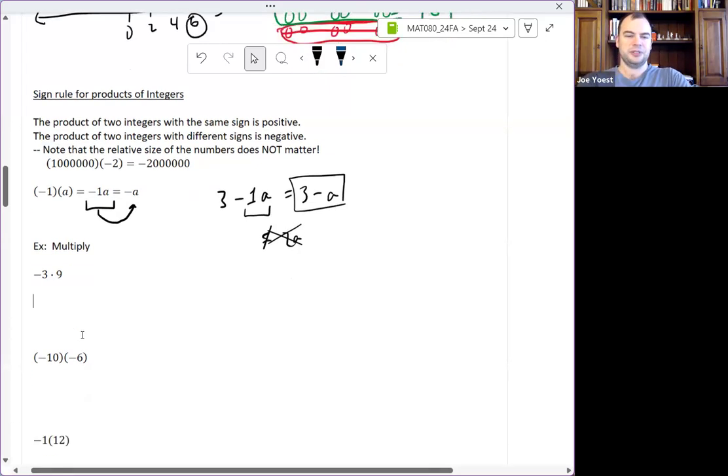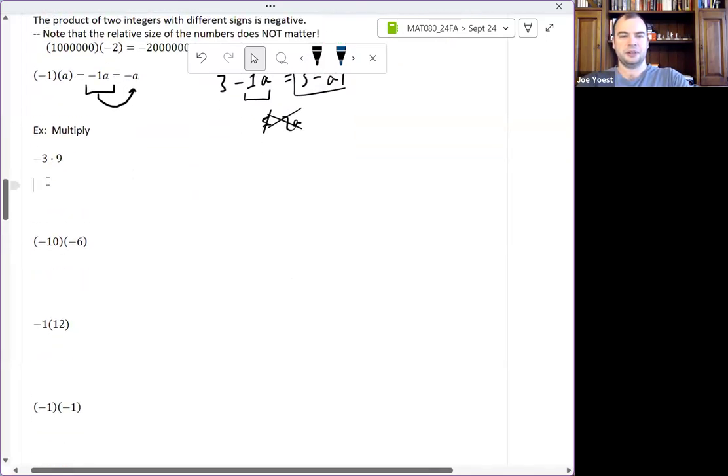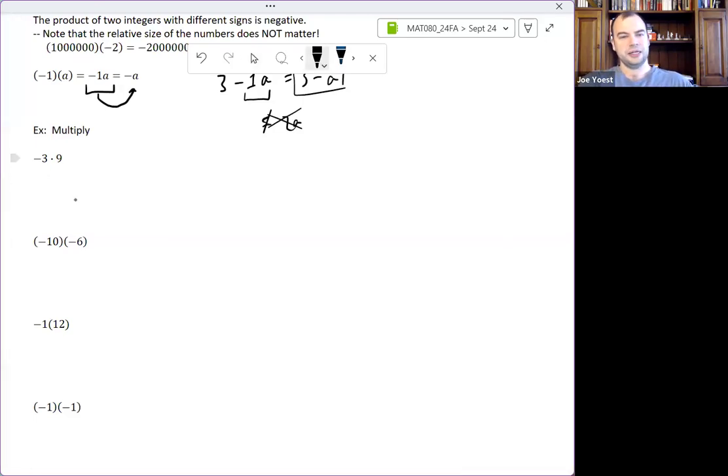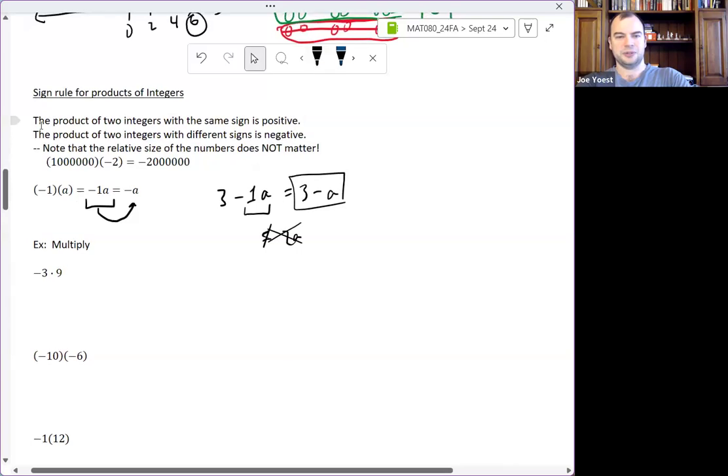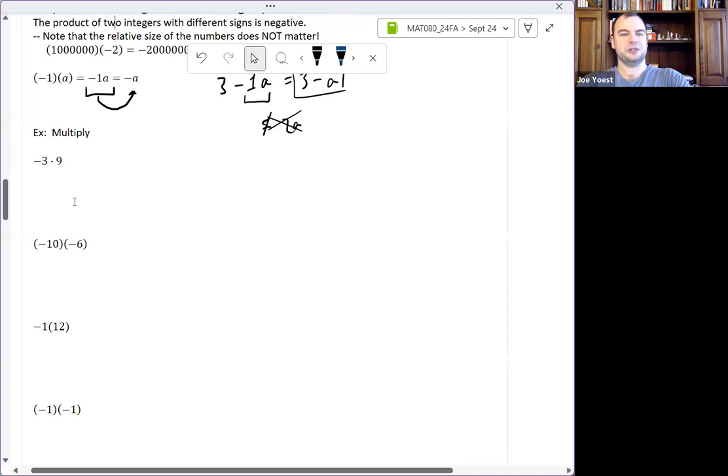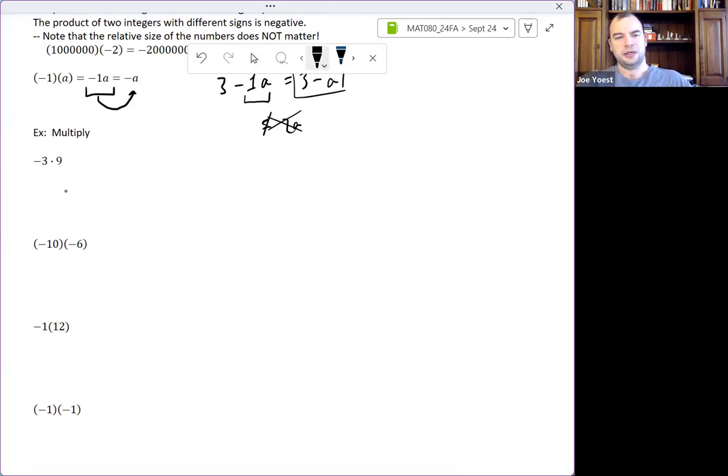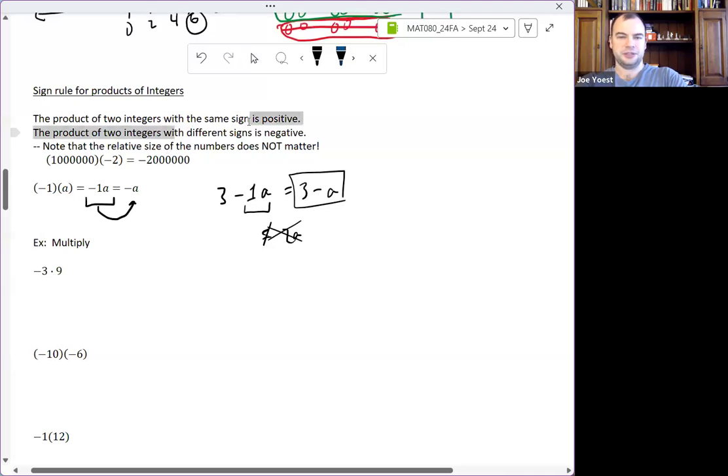All right, let's do a couple of examples here. We'll just look at multiplying these integers together. -3 times 9. We're going to move away from our counters now and use this more abstract rule that we developed by generalizing what we learned from our counters. I see I have the product of two integers. One is negative, one is positive. They have different signs.